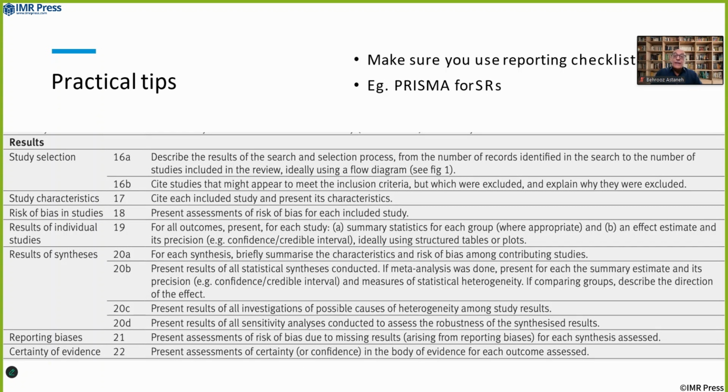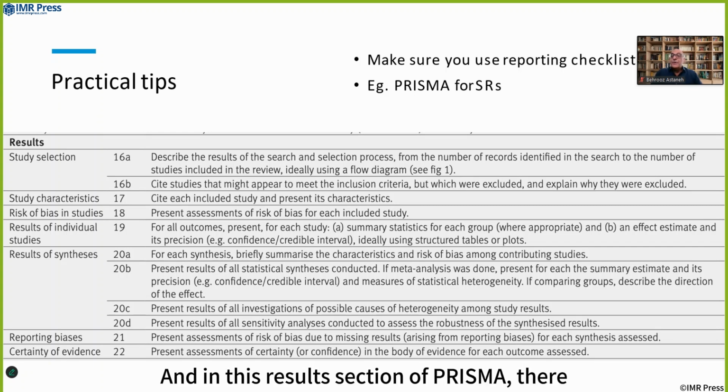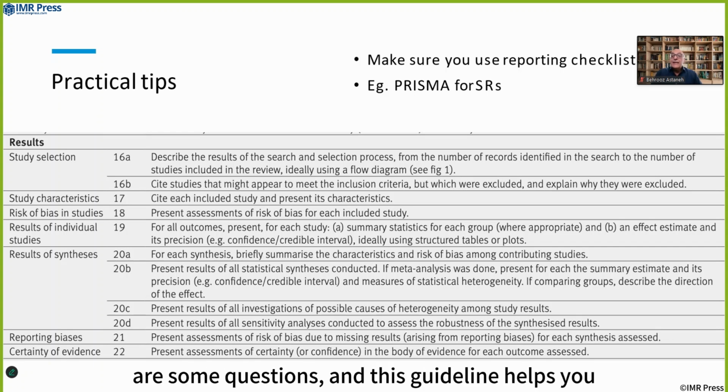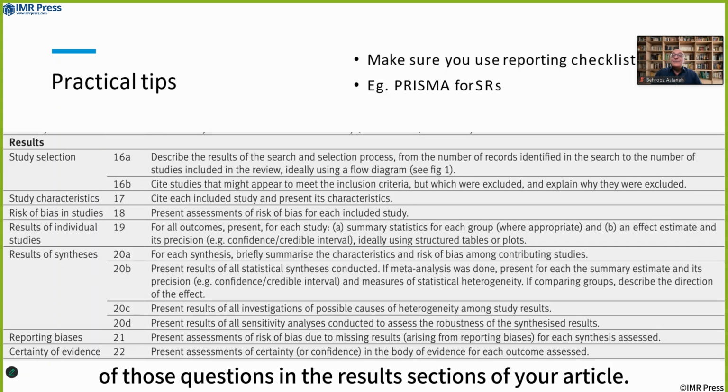of PRISMA. And in this results section of PRISMA, there are some questions, and this guideline helps you to read these questions and write the answers to those questions in the results section of your article.